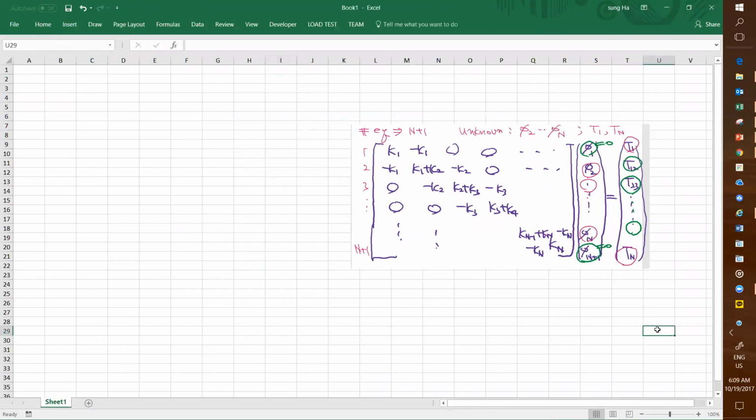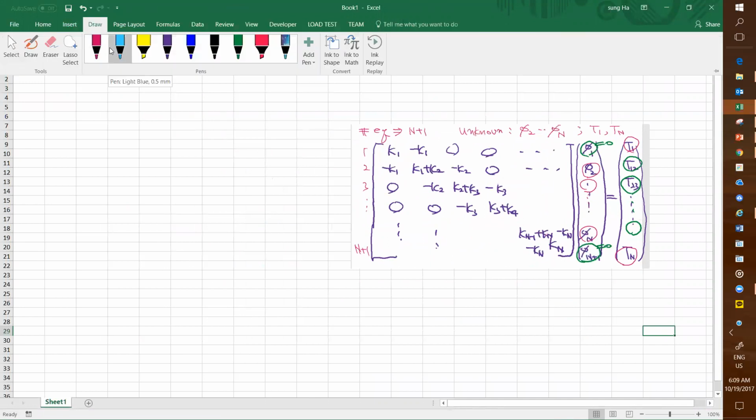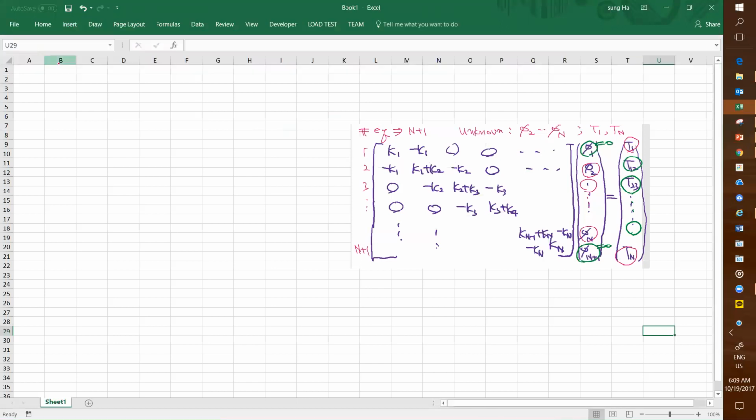An important point here is that let's consider only a matrix, because this is a 0, this is a 0, which are already known. So we don't have to solve the first equation and last equation. We only pay attention to this one.